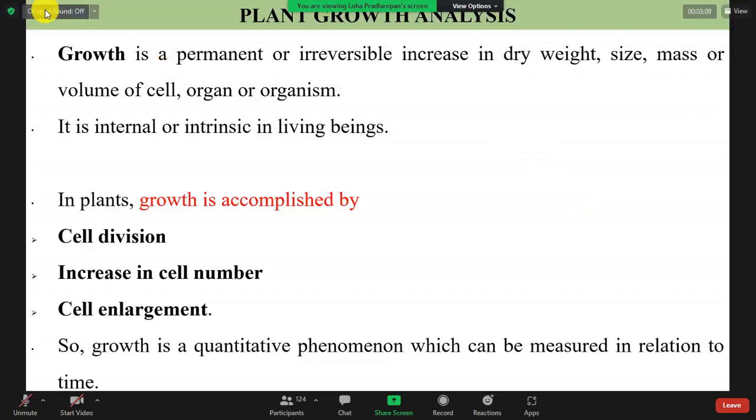Because during growth, cell division takes place, the cell numbers increase, and cell enlargement takes place. These phenomena happen in plants as well as other living organisms. In plants, cell division happens, the number of cells increases, and cell enlargement happens. So growth is a quantitative phenomenon because we are able to measure it with time.